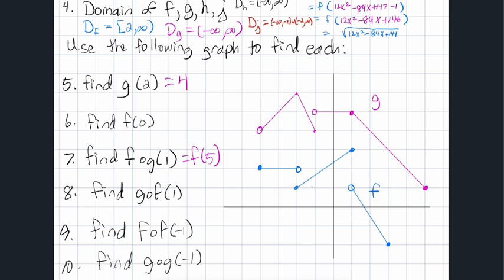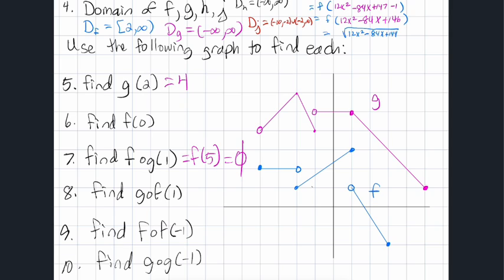And then we're going to go over to the f function, 1, 2, 3, 4, 5, and look for the f function. Does the f function have a piece that's at 5? No. So when that happens, the final answer would be undefined. Now you can write the word undefined or say null set, that there are no points that work. So that would be undefined.